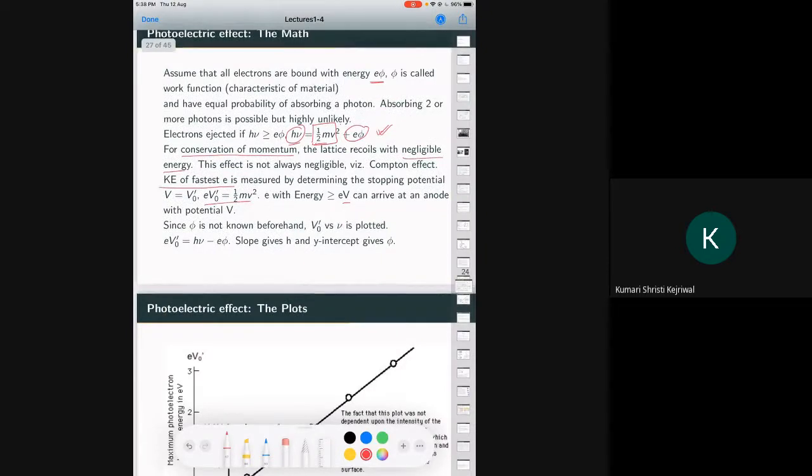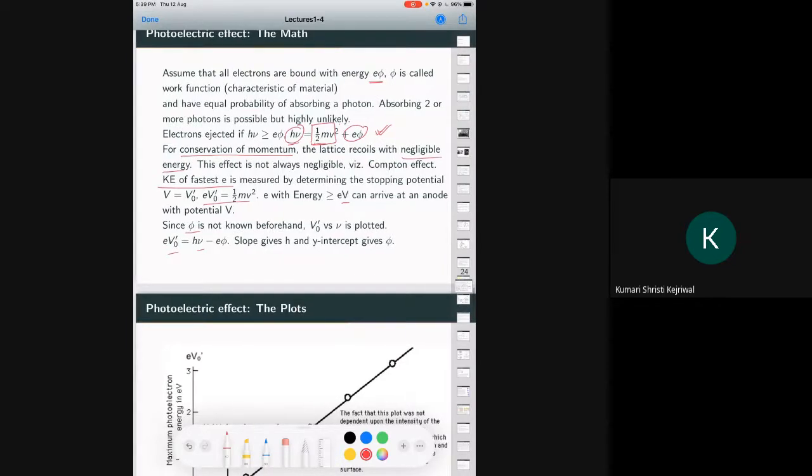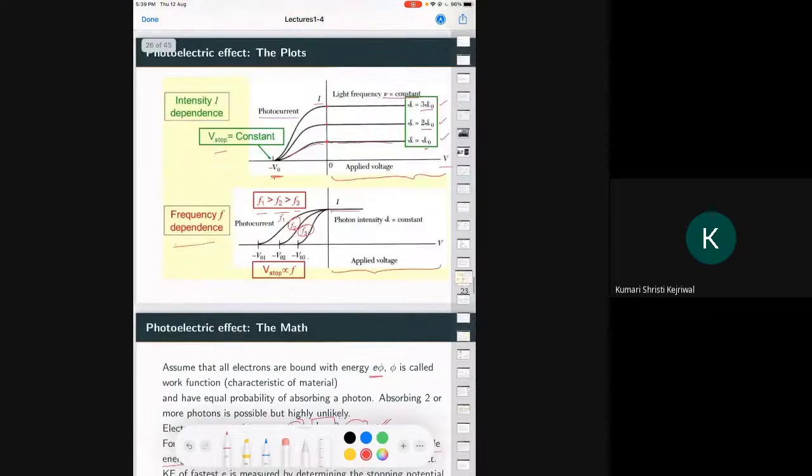Okay. Then with this explanation, we also get a method to determine phi. What the work function is for a metal is not known beforehand, but you can find it out. So how do you find it out? You plot the stopping potential versus frequency, taking data from this frequency dependence plot.